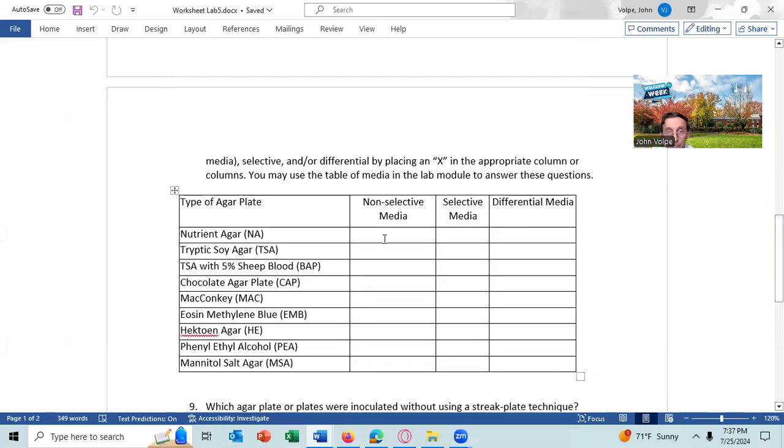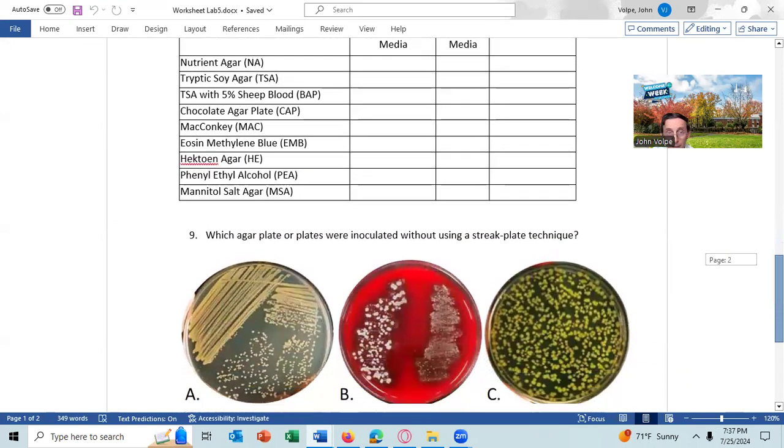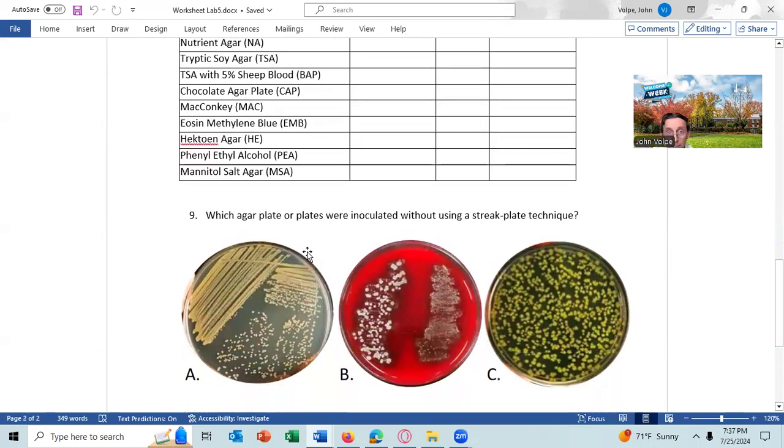So nutrient agar, TSA, BAP or blood agar, CAP, MacConkey's agar, EMB agar, HE agar, PEA agar, and MSA: state whether it's non-selective, selective, or differential. And then 9, which agar plate or plates were inoculated without using streak plate technique? Plate A, plate B, or plate C? Any question about that?